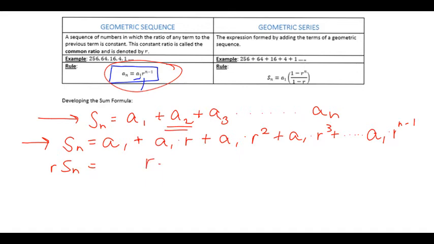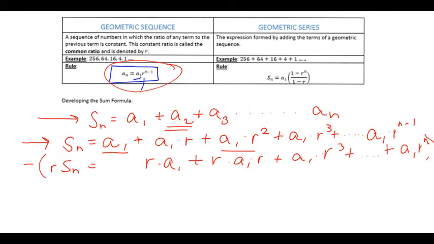Then r times a sub 1 times r would give me a sub 1 r squared, and then a sub 1 times r squared times r would give me r cubed, and so on and so forth, all the way up until I get a sub 1 times r to the n. And what I'm going to do is subtract that off of the previous formula.